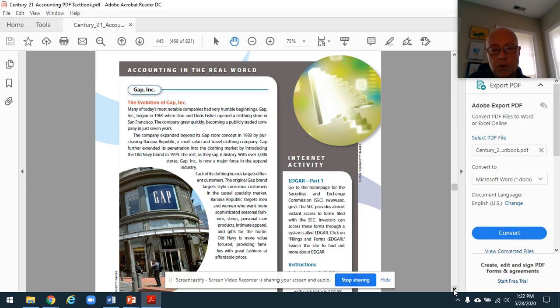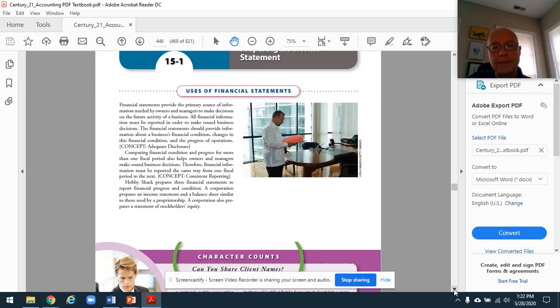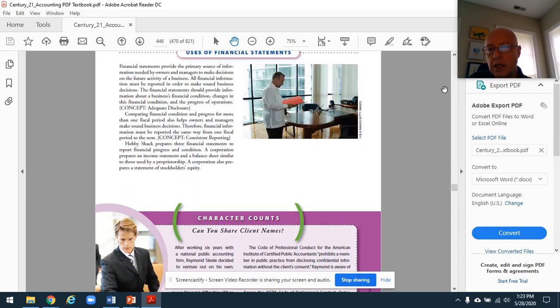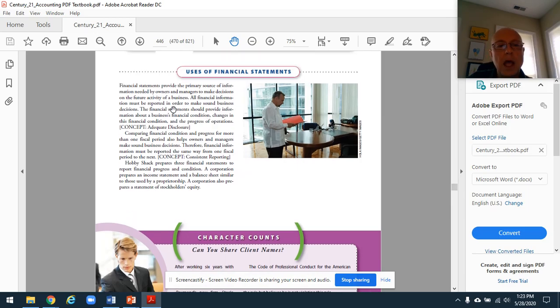We've got some new terms that I want to talk about. I've included the relevant sections from the text here to go through. Now, adequate disclosure, again, we need to report enough so that an external party, a lender, a stockholder, potentially a board of directors member, or a government auditor could come in and see, hey, we're above board. So that's adequate disclosure.